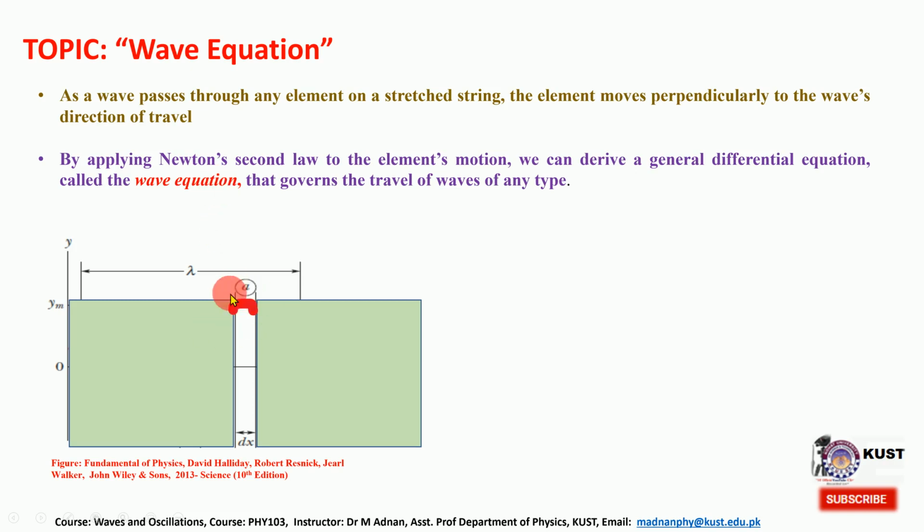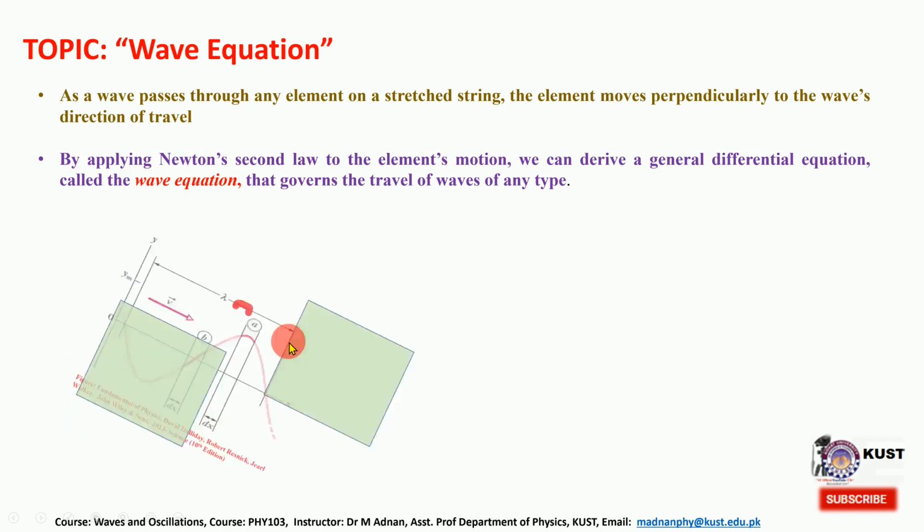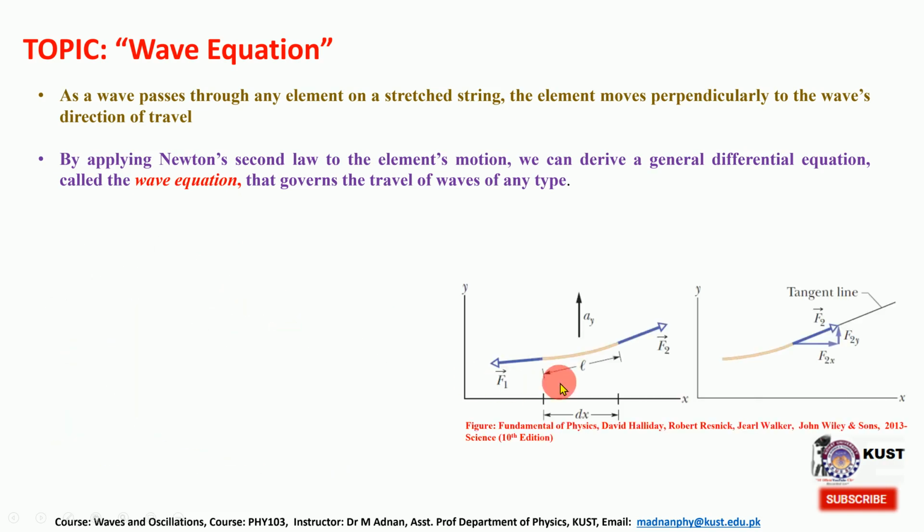So let's consider this portion. We need to consider that same element of length L that is moving along the y direction with acceleration a_y because of some forces on this side of that element of the string and also on that side.